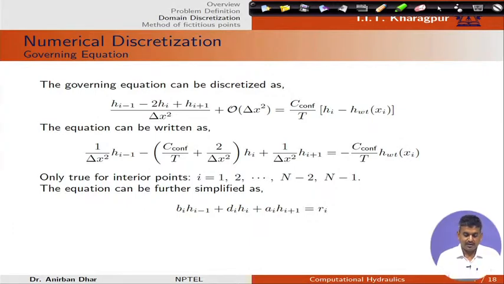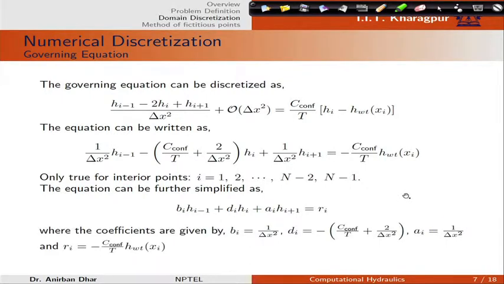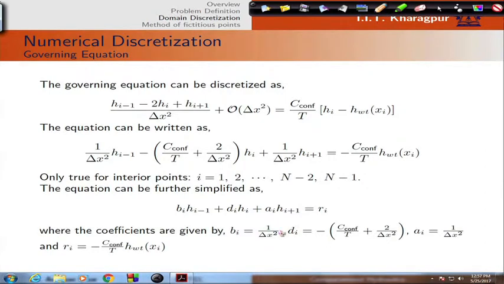We can write it in a compact form with these coefficients, where bi is 1 by del x square, di is minus 2 by del x square minus C conf by T, ai is again 1 by del x square, and ri on the right hand side is minus C conf by T times HWT of xi.